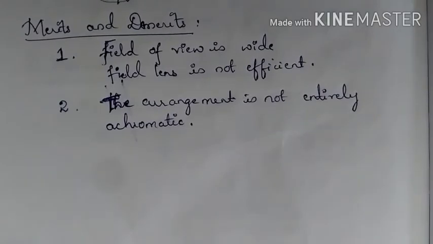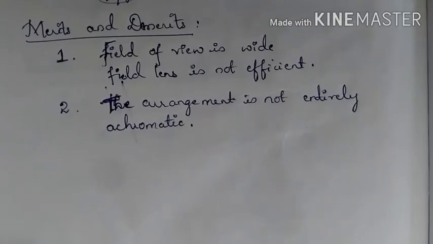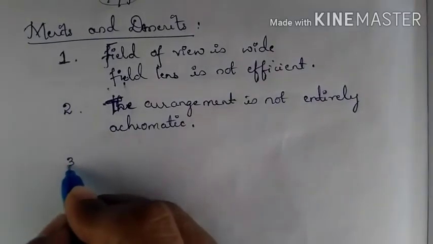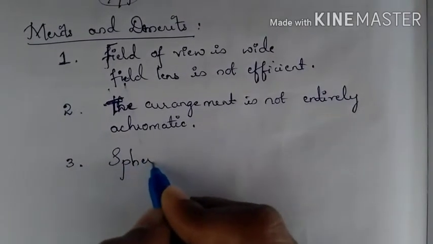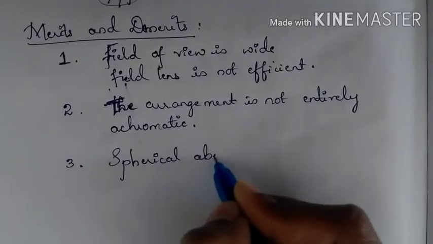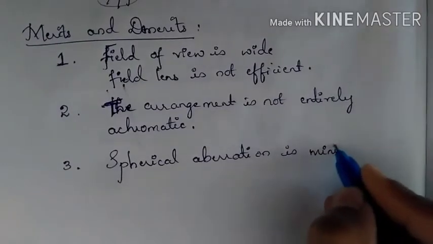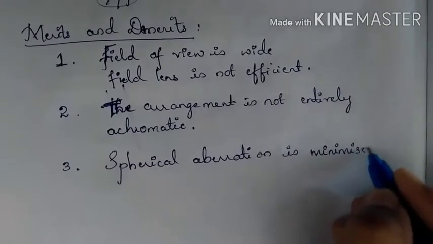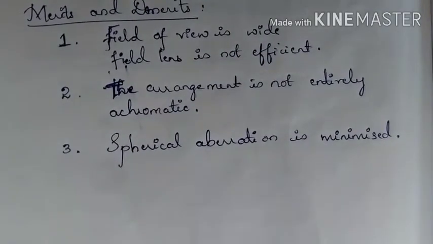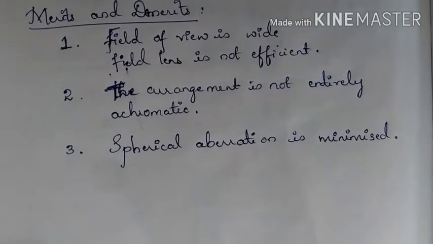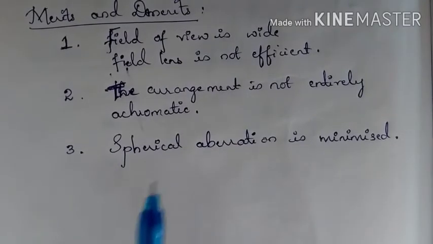Now next is, the spherical aberration is minimized as the image is seen through two lenses, hence the deviation is small. We are watching the image through two lenses, the field lens and the eye lens, so this will decrease the overall deviation that occurs after the refraction of light.